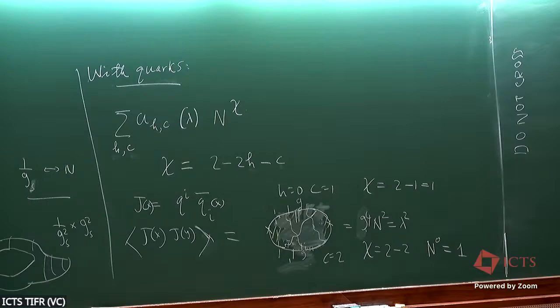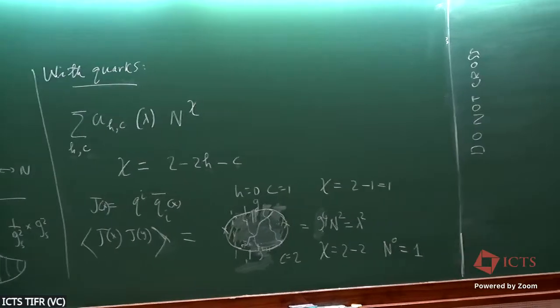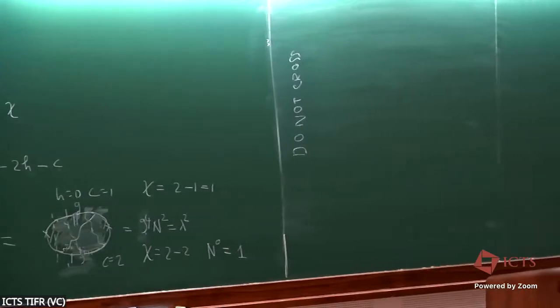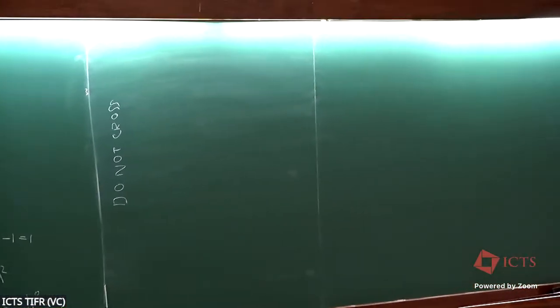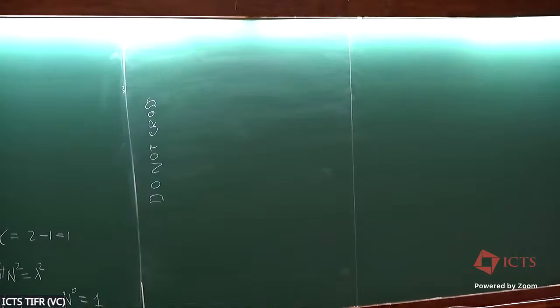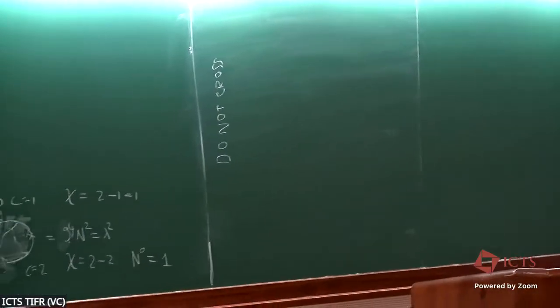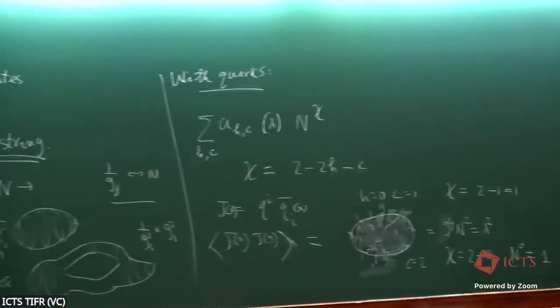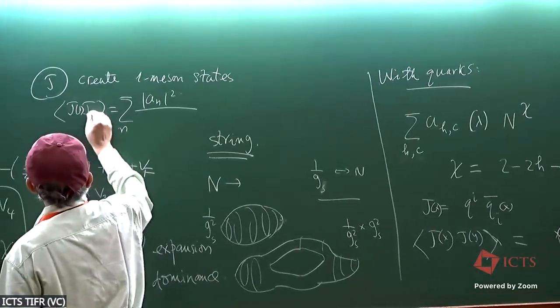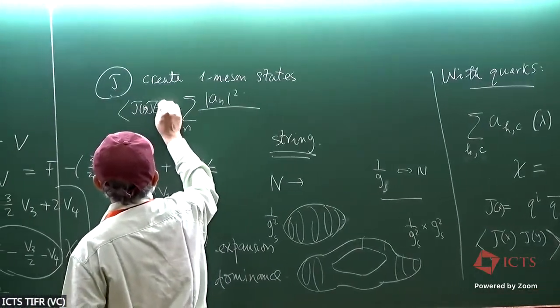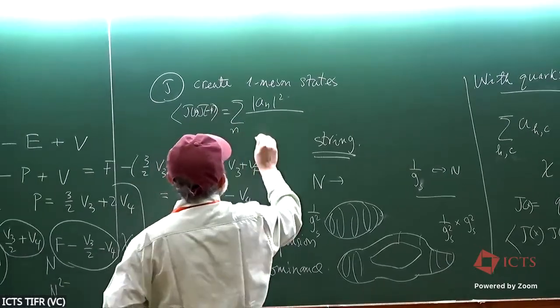So what I'm going to do next is to show that these J's create one meson states. In other words, JJ has a spectral decomposition like this, which is what is there in Witten. So I have to bring in a little bit of space-time here.